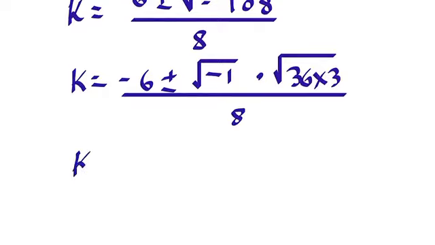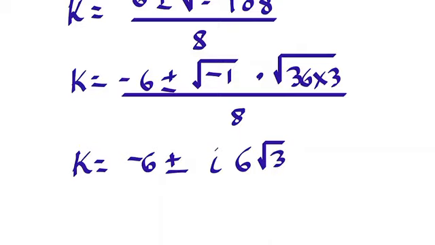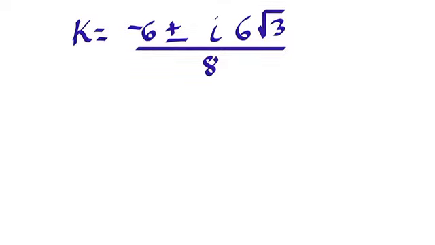So we're going to have k equals minus 6 plus or minus the square root of minus 1. The square root of minus 1 is i. So we're going to have i, then the square root of 36 is 6, we have 6, then root 3, all divided by 8. So now we can reduce it to its lowest form by taking out the common factor, and the common factor is 2.